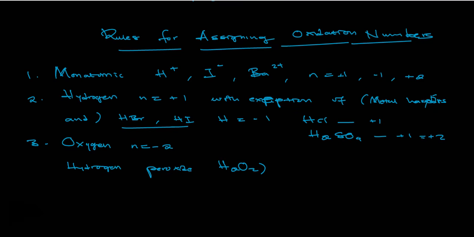So when you see hydrogen peroxide, just know that in this compound the oxidation number for oxygen is +2. I mean, it is -1.